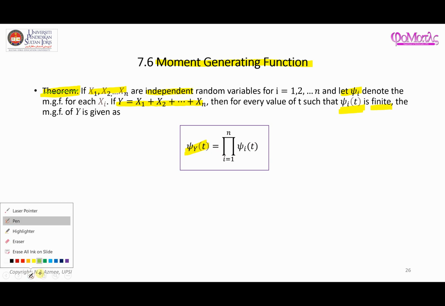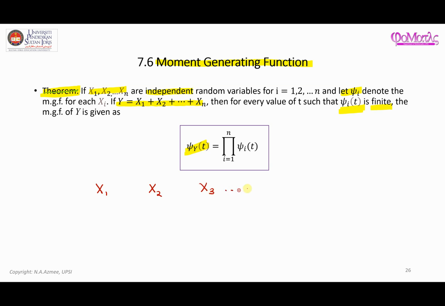So basically, here what we have is many random variables. We have x1, x2, x3, up to xn. And each of these random variables, they are independent.